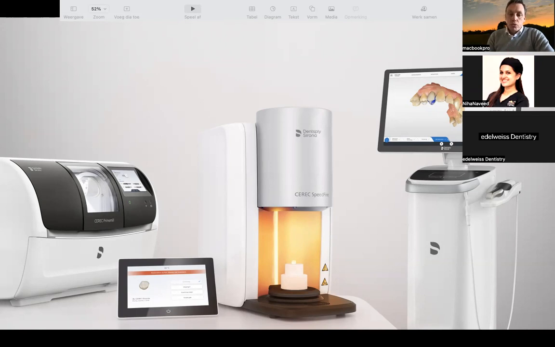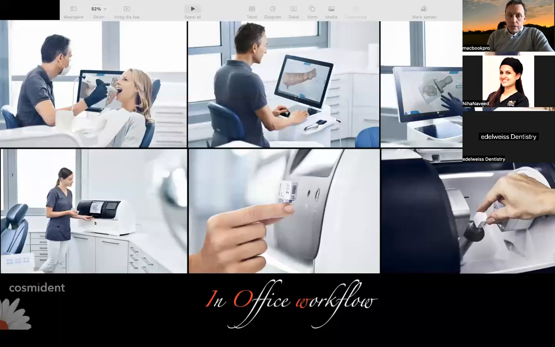If we go the normal way with zirconium, we have to sinter. But because this is time consuming, I will show you the new blocks we made, where you don't need sintering anymore, and it's much faster and easier to produce something repeatable and very nice. The daily office workflow is scanning, designing, sending it to the lab, milling it and placing it.